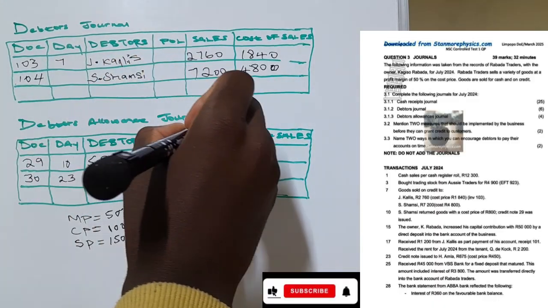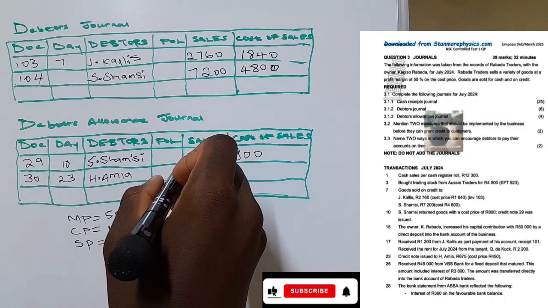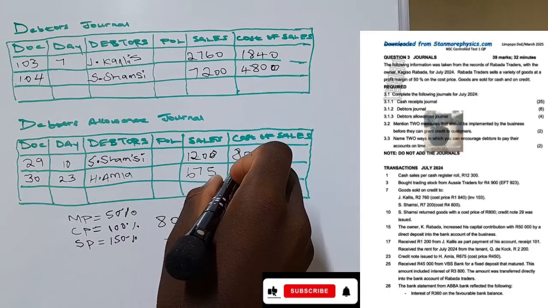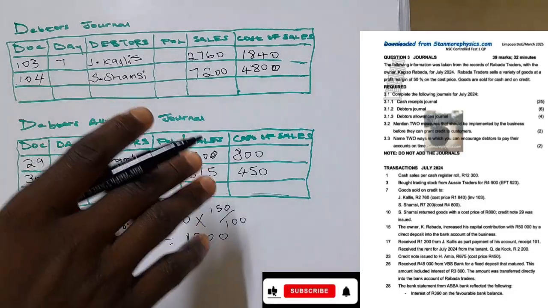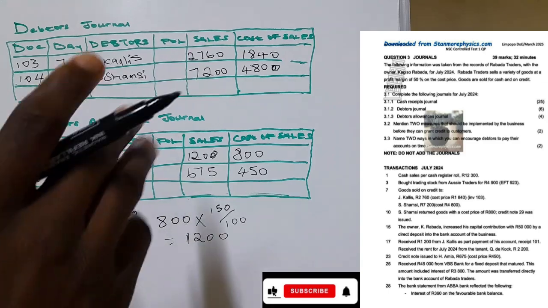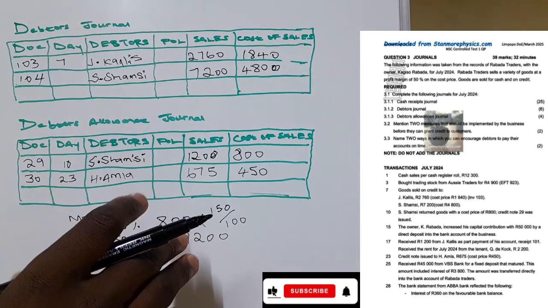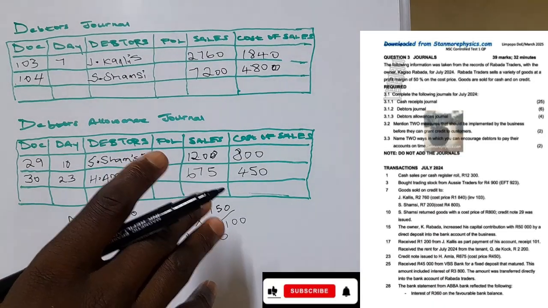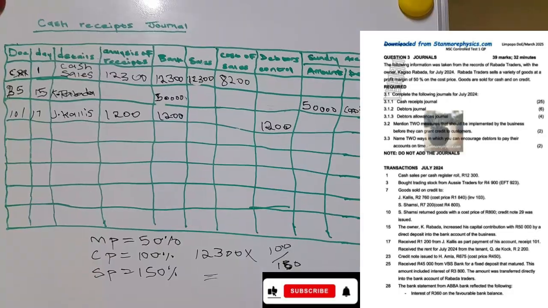And then our sales amount is going to be 675. And then our cost of sales is going to be 450. So yeah, I told you that under debtors allowance journal, we are recording returns or the credit note. So do not forget these, guys. We are done with this one. Then we are going to the following one.